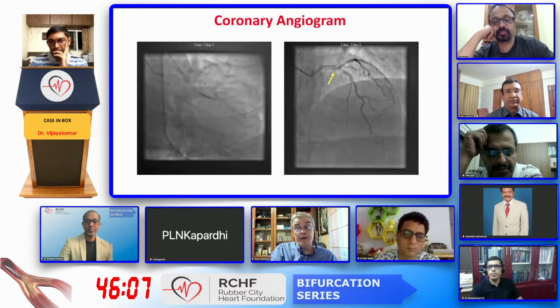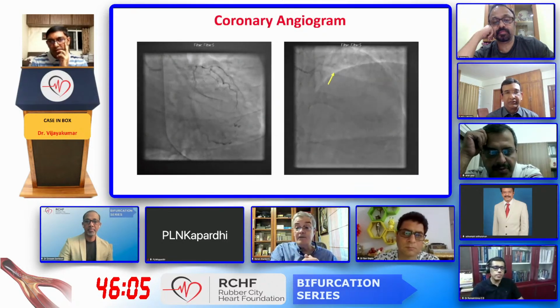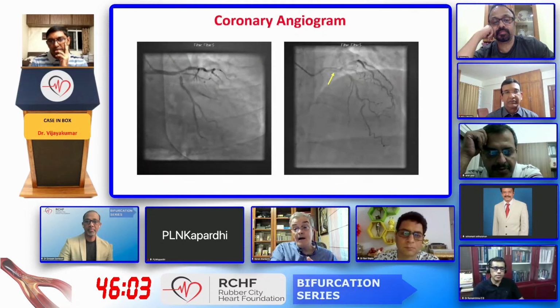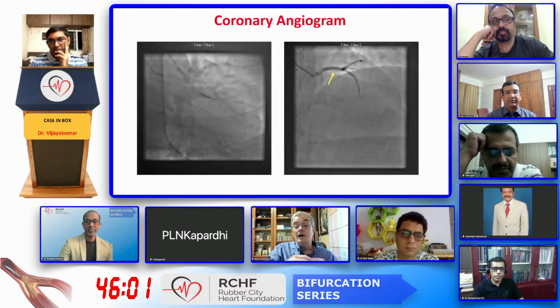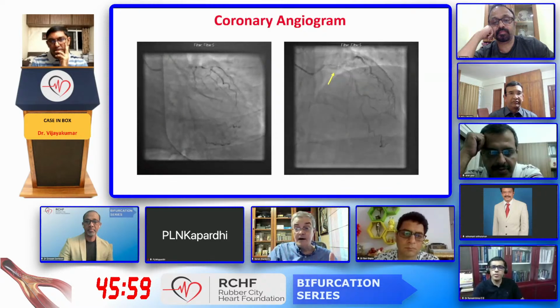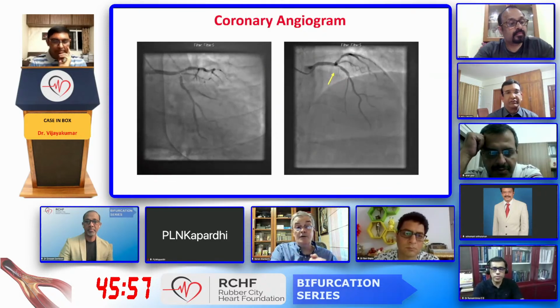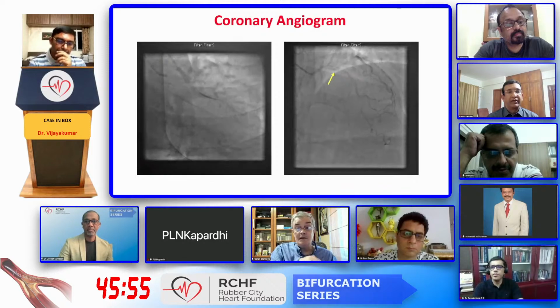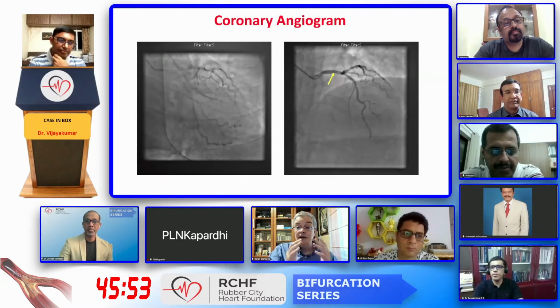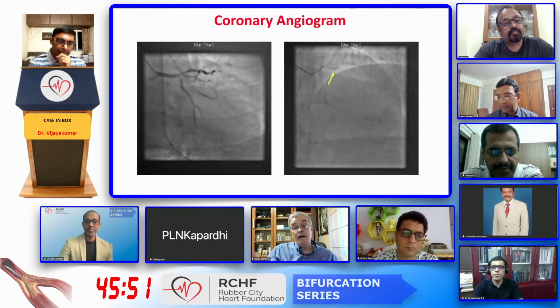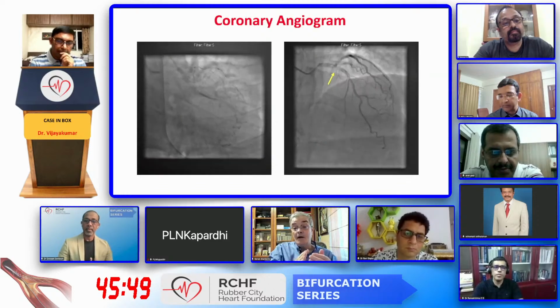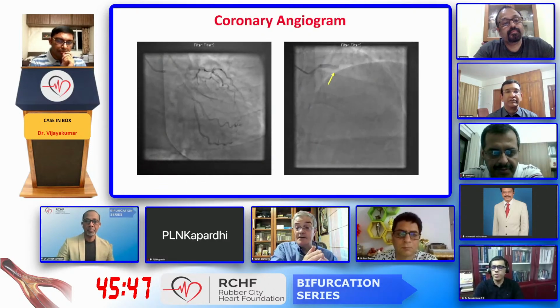So we go step by step. It seems that there is diffuse disease. We may end up with T-TAP or culotte, but the first step is to do stenting from the left main into the circ, optimize with dual kiss, and then evaluate the result. If we need a second stent, a lot depends on recrossing the cell.